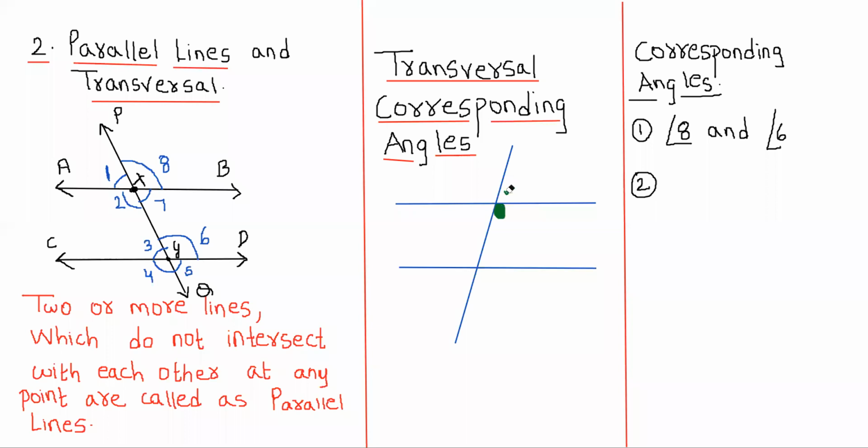So we have to go downwards. When we go downward, this is the first adjacent angle. Leave this angle, and go for the next one. That means we leave the adjacent angle and take the angle next to it. So these are the corresponding angles: angle 7 and angle 5.